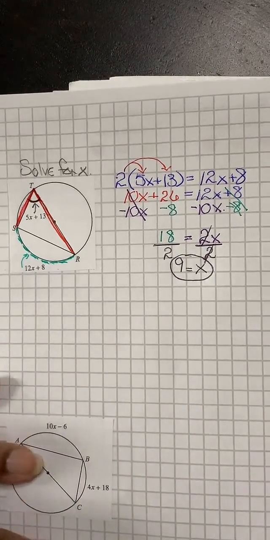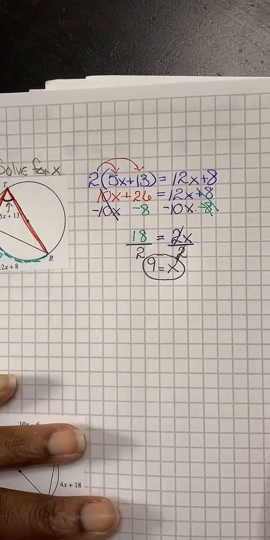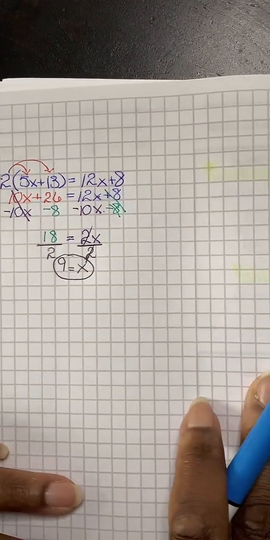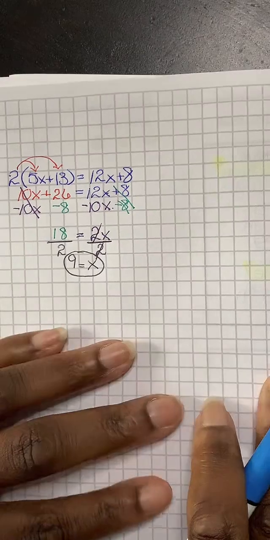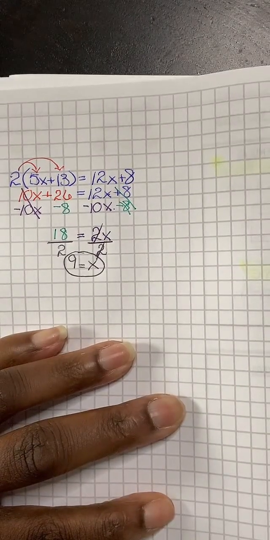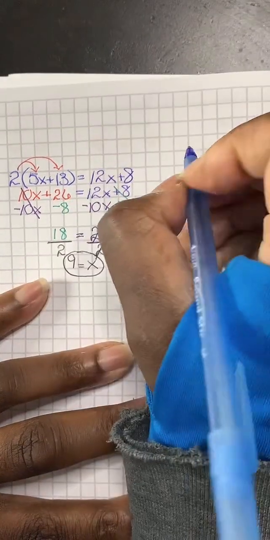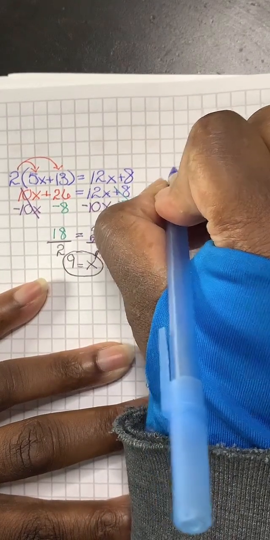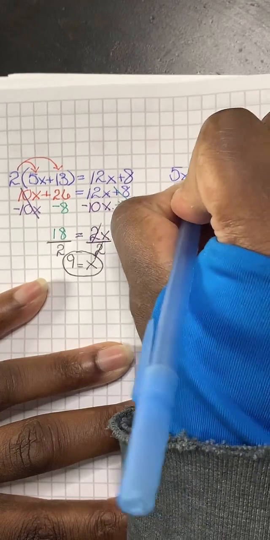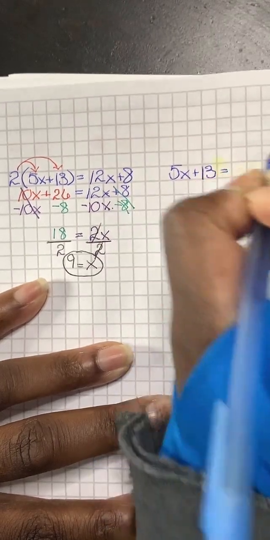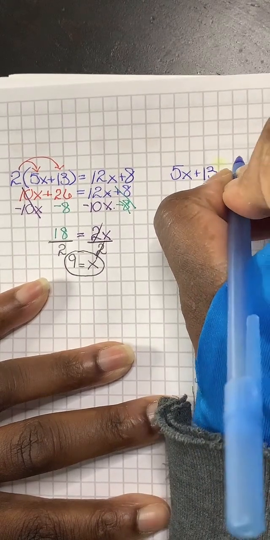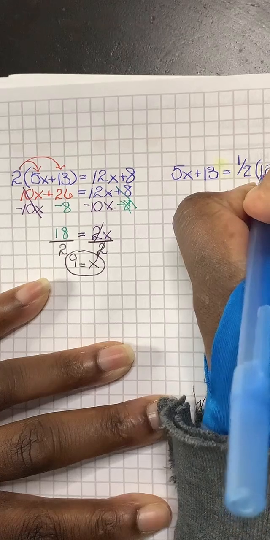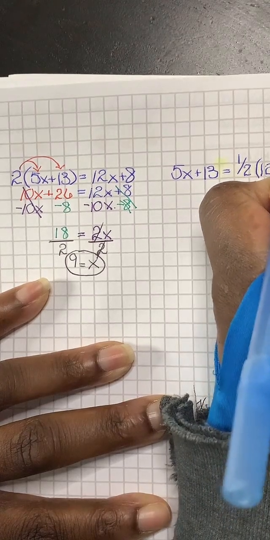Okay. If I wanted to, I can go the other way. So I'm going to slide this over a little bit so you guys can keep up with this. I could say, let me keep the angle, which is 5x plus 13, and have that equal half the arc, 12x plus 8.